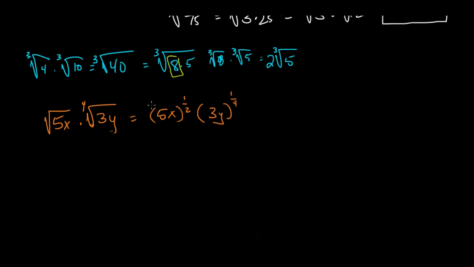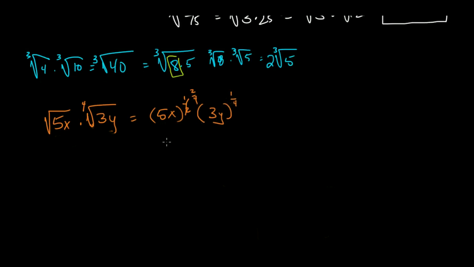I can understand 1/2 in terms of 4. That's 2 over 4 power. And so what I've got now is 5x to the 2/4 and 3y to the 1/4. They both have a fourth in common, do they not?